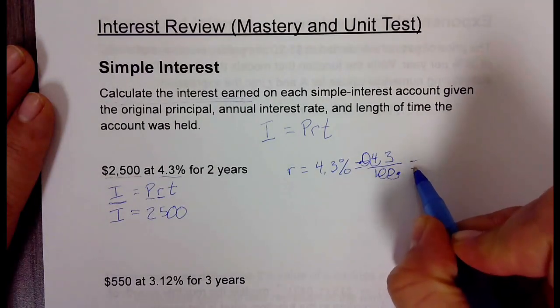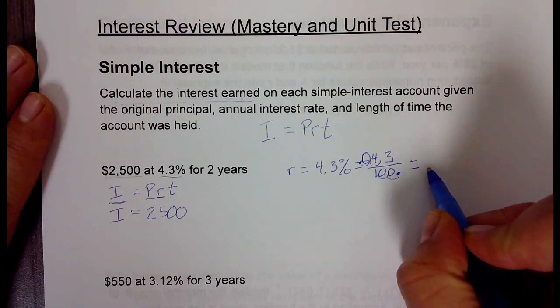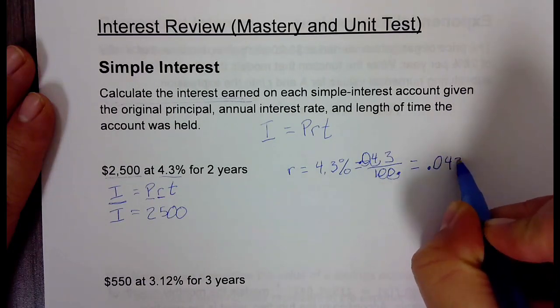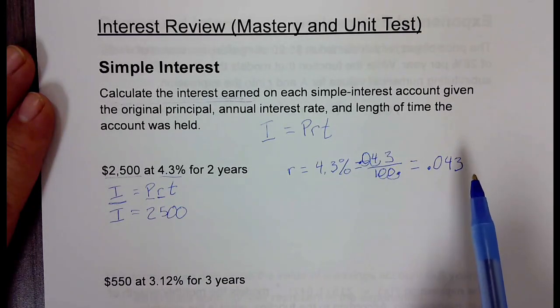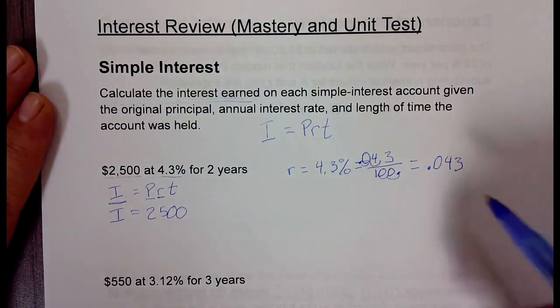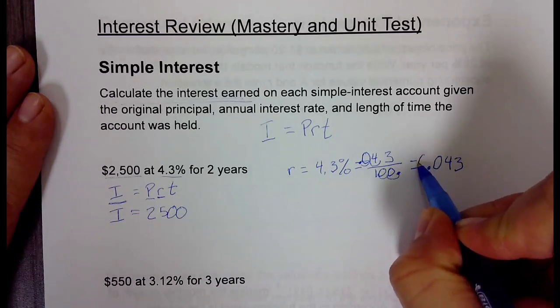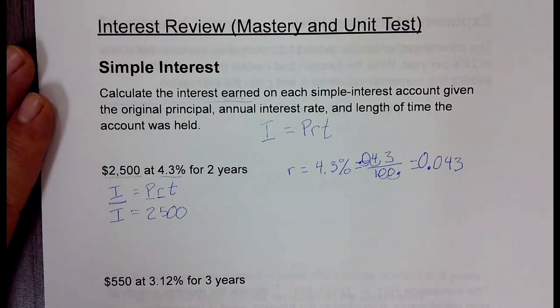And then I can rewrite this as a decimal, 0.043, or 43 thousandths. If I wanted to, I can also put a 0 in front of my decimal, but I don't have to.